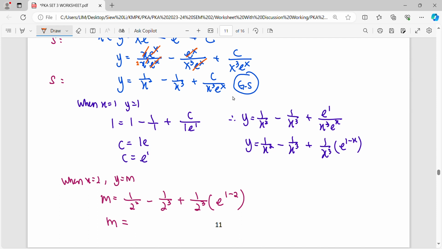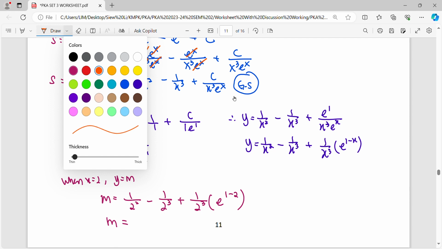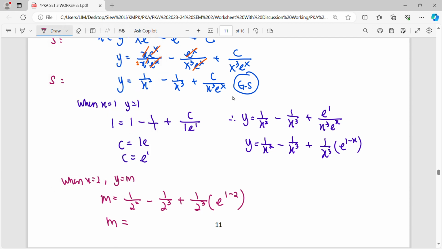So how much is this? 1 over 4 minus 1 over 8, plus 1 over 8 e to the power of negative 1. 1 over 4 minus 1 over 8, how much? 1 over 8.